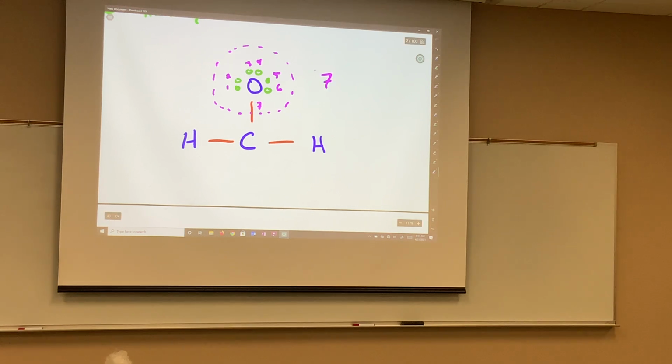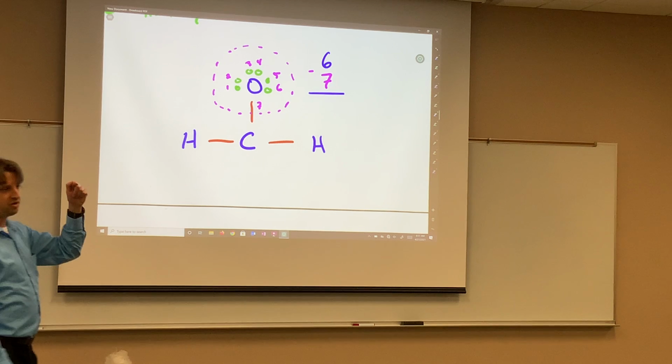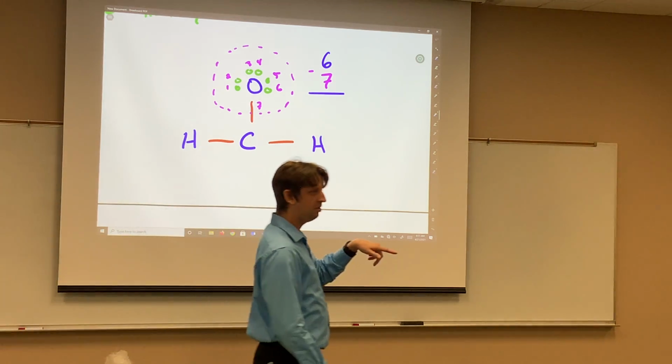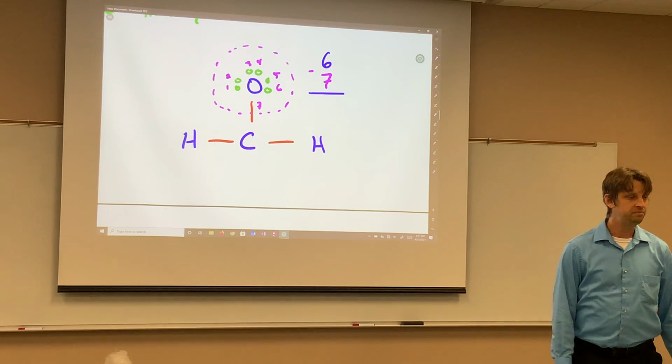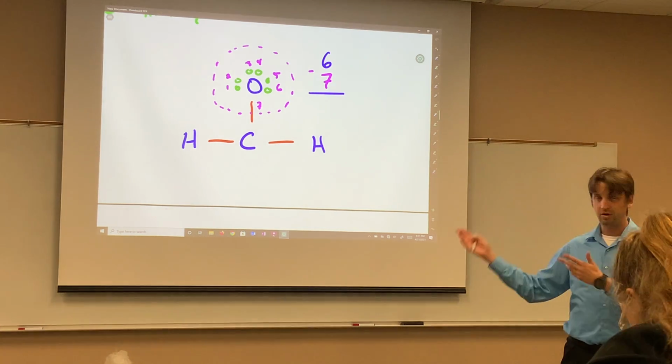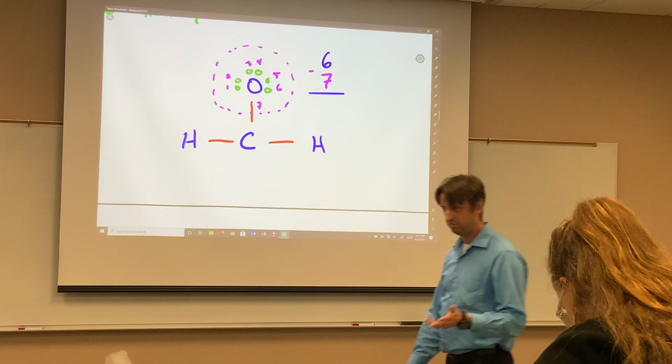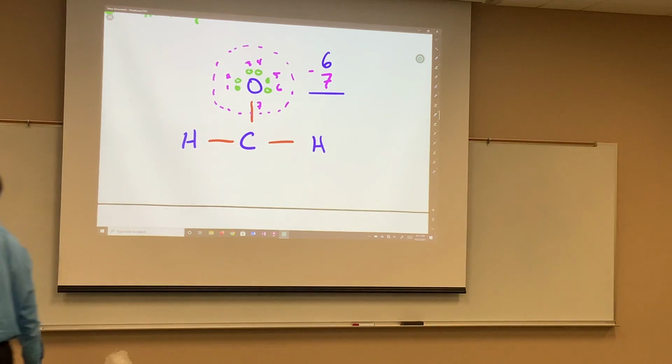I have 7 electrons in my magic science circle, and I start out with 6 valence electrons. So valence electrons minus my science circle will get you your formal charge. Good? So what's the formal charge for oxygen? Negative, -1.